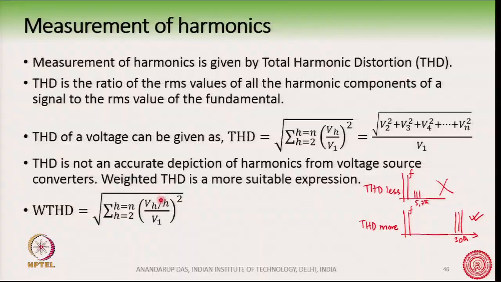If h is high, then the contribution of that harmonic goes down, because it can be easily filtered out, for example, by the inductance of the motor. So, weighted THD is actually a more suitable description. When you compare voltage source converters in terms of harmonic performance, weighted THD is a more suitable expression.